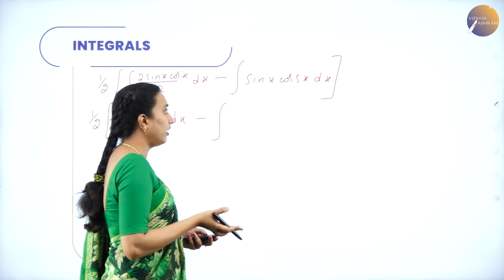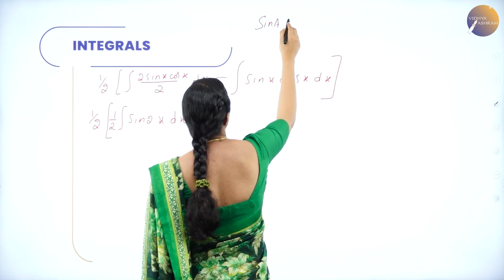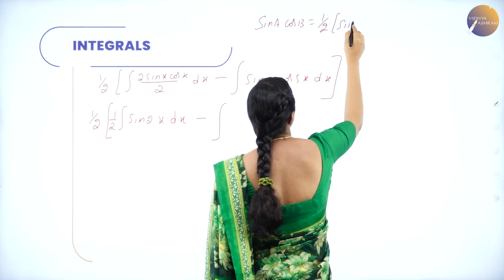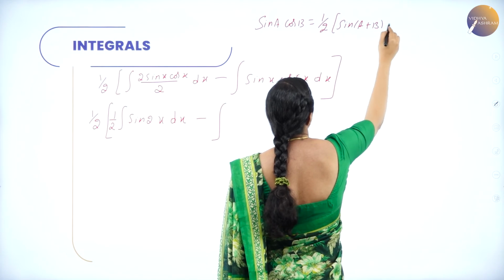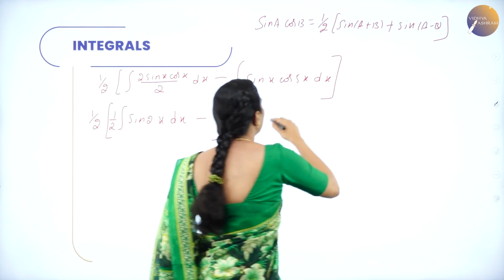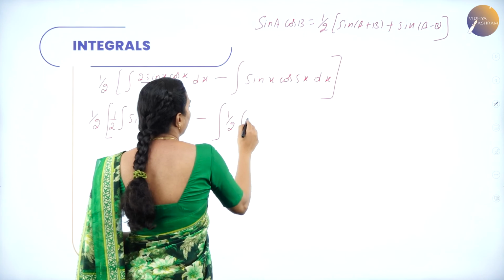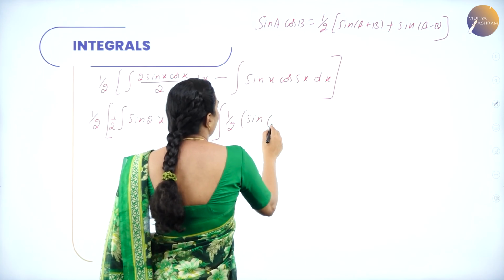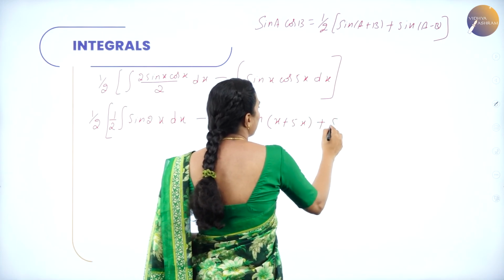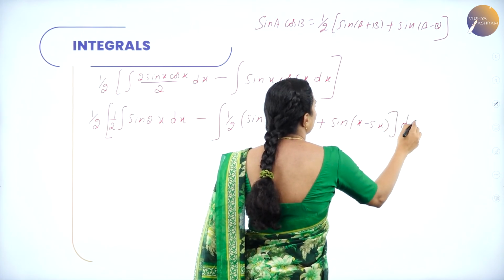That is nothing but sin A into cos B. You know sin A into cos B is nothing but half into sin of A plus B plus sin of A minus B. Accordingly, if you write this, it will be half into sin of x plus 5x plus sin of x minus 5x into dx.